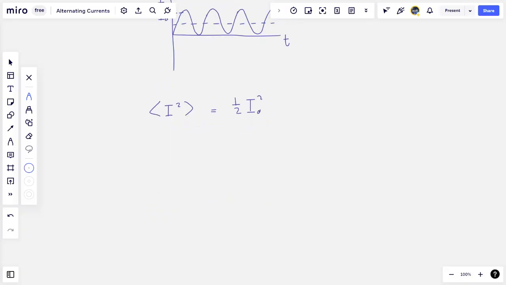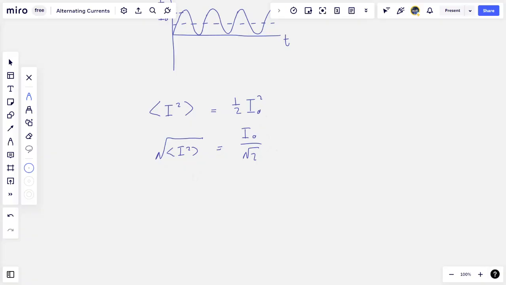So why is this important? Let me take the square root of both sides. The square root of the mean of I squared equals the square root of I naught squared over 2. I naught squared under a square root sign is simply I naught, and that's divided by the square root of 2. Aha!